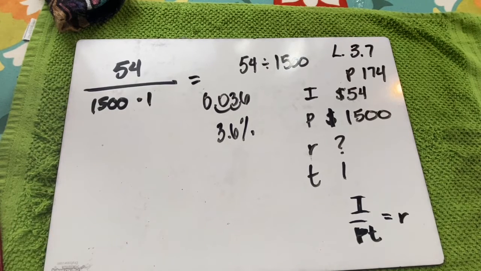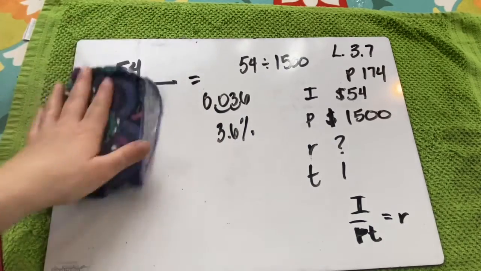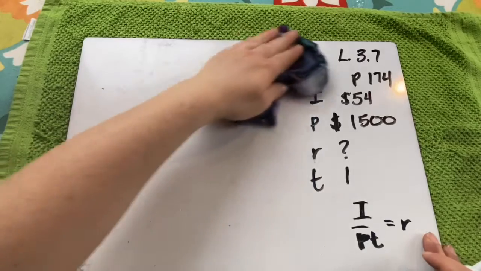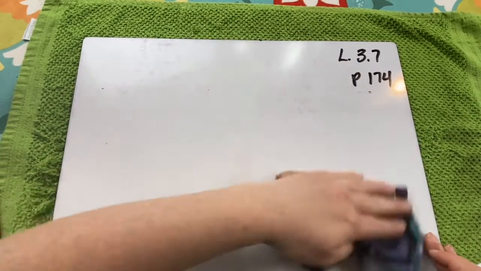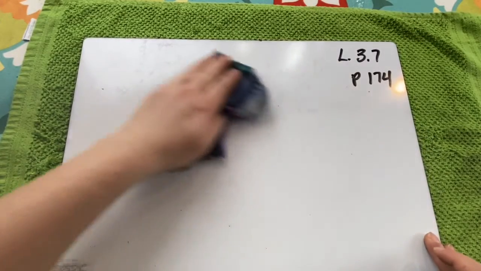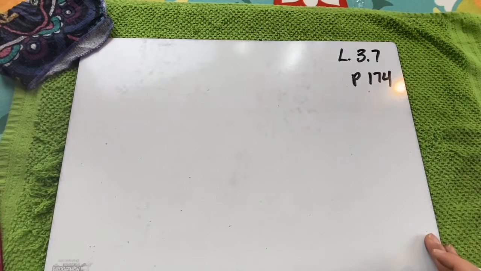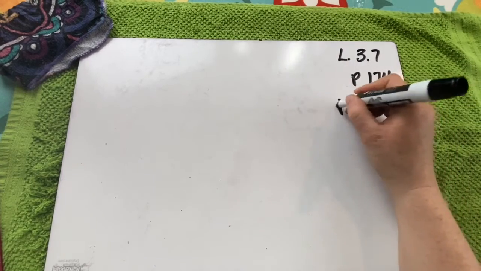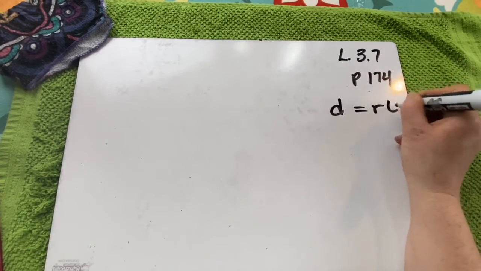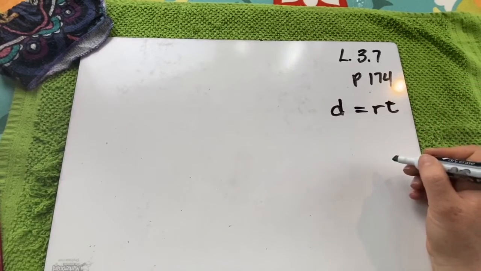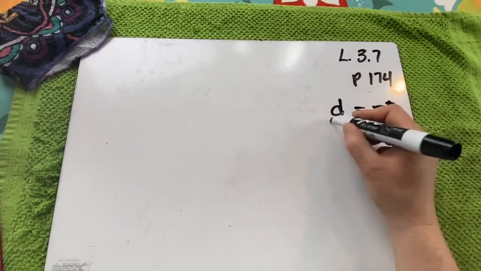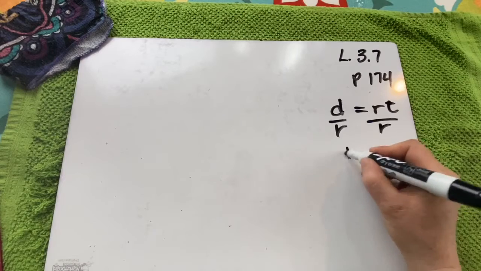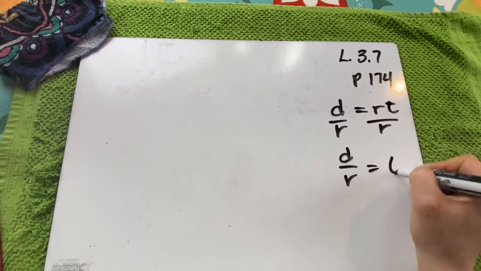Okay. So let's do another one. They're going to mix it all up. Sometimes they'll give you the equation, they're going to ask you questions, and you substitute stuff in. So the next one is distance equals rate times time. Solve for time. So I'm going to divide by r. Now I have d divided by r equals t.